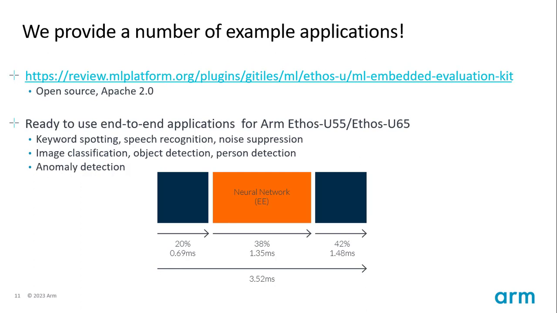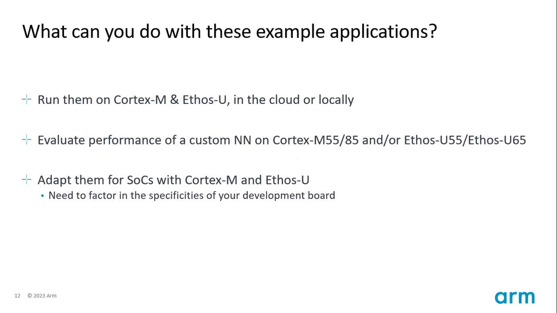What can you do with that? Well, you can run those applications, obviously, on Cortex-M and Ethos-U. You can run them locally on your desktop, or you can even run them in the cloud with Arm Virtual Hardware. So you don't really even need a development board for that. You can evaluate the performance of a custom neural network. Say that you have your in-house workload, and you'd like to know what its performance is going to be when it runs with silicon acceleration.